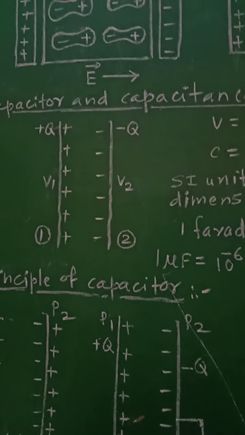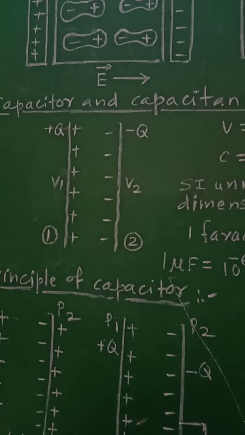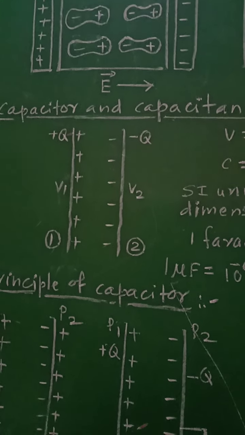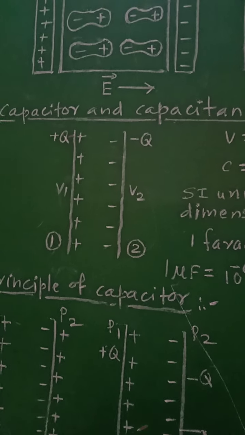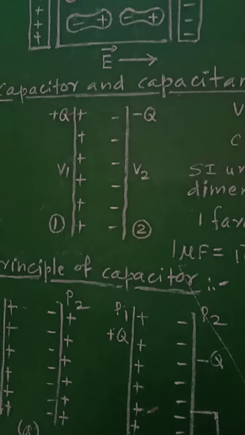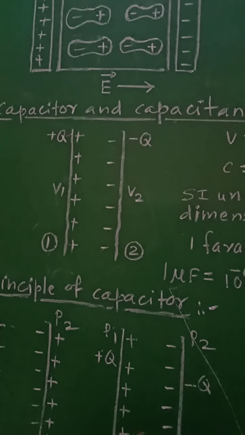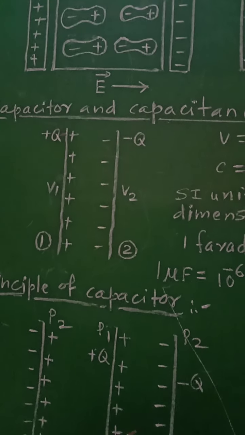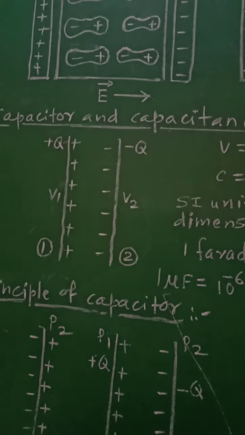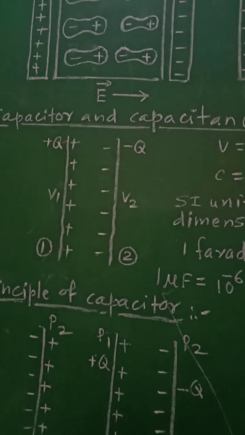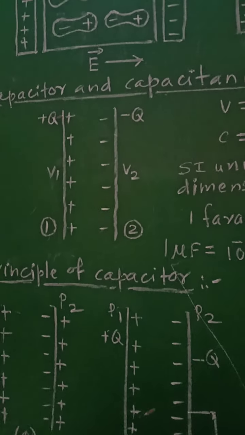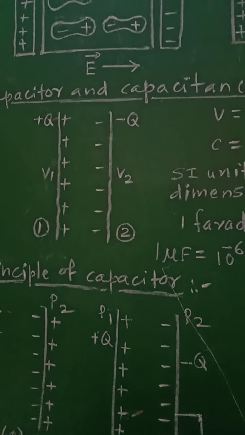A set of conductors, that is conducting plates, having charges on them and separated by a dielectric material and used to store electrical energy, is called a capacitor. So a capacitor is defined as a set of conductors, that is conducting plates, having charges on them and separated by a dielectric material, which is used to store the electrical energy.